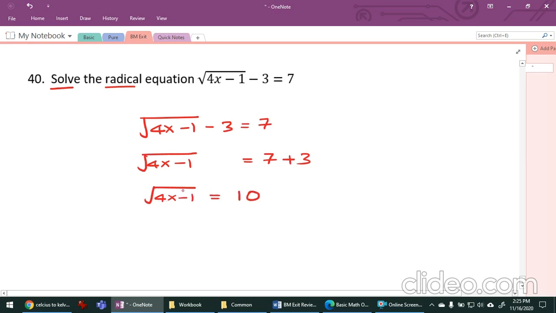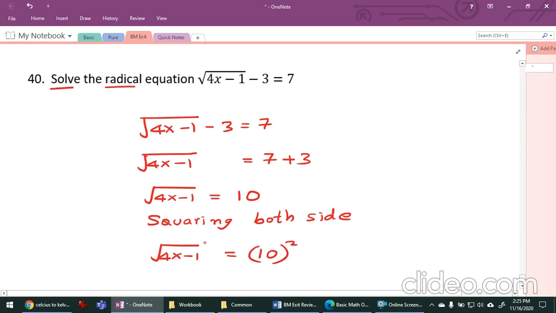Now I want to delete this square root. What should I do? I should square both sides. Squaring both sides means what? I have square root of 4x minus 1 equal to 10. I should square here and square here. What will happen on the left side?